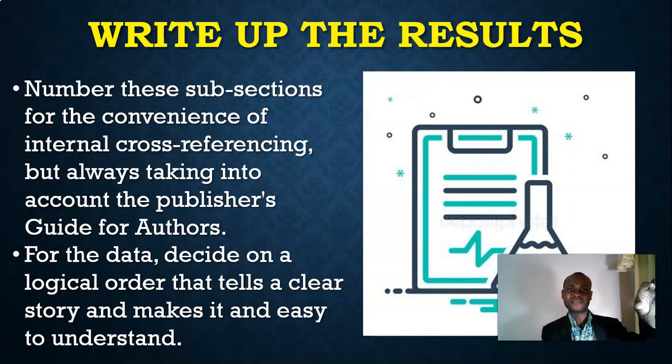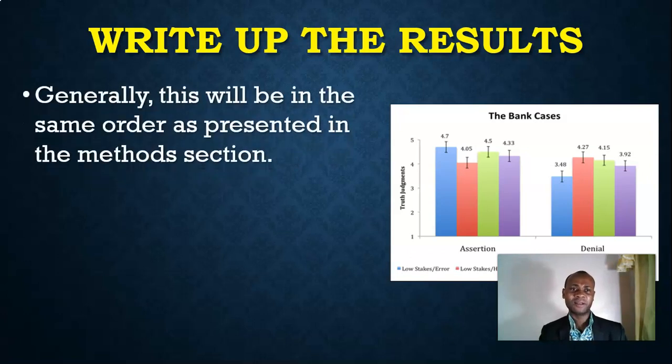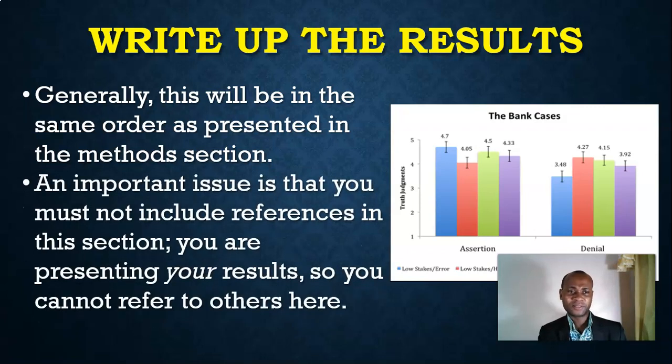For example, the first thing you talked about in your methodology was the samples. So in your results, it means you're also going to present the samples first. So there's some kind of cohesion between your methodology and the results. Generally this will be in the same order as presented in the method section.